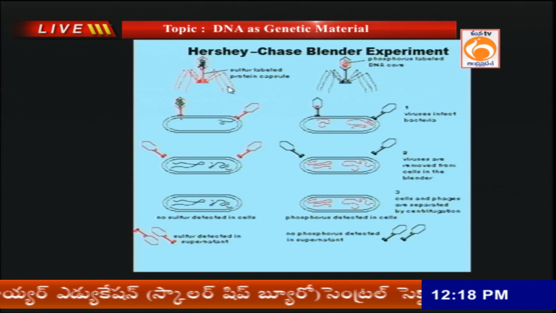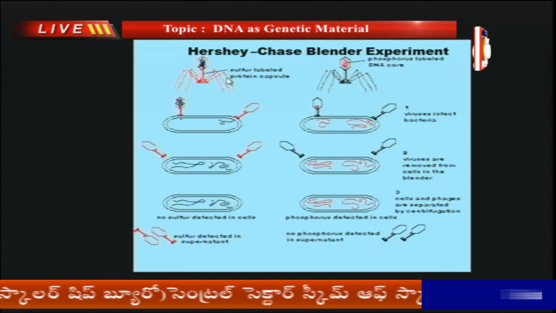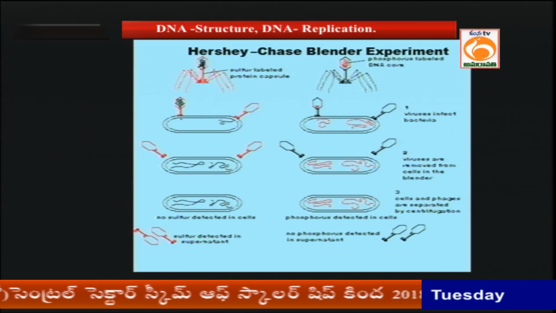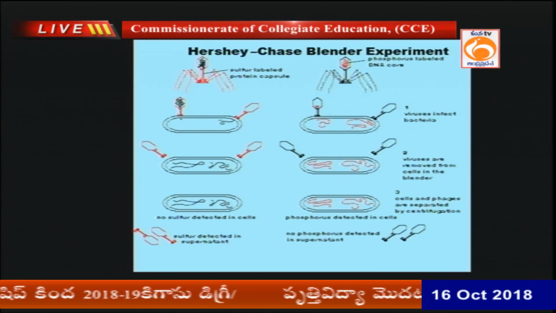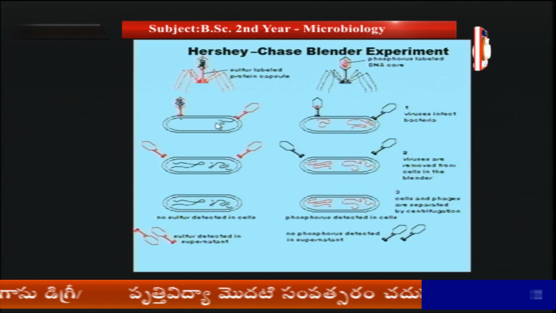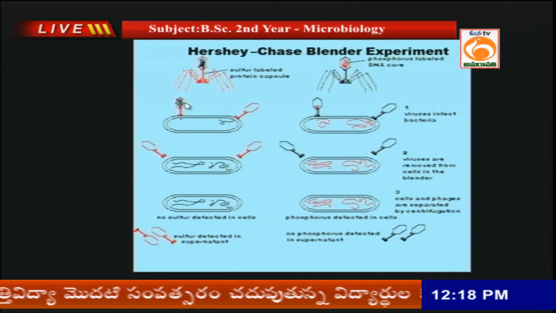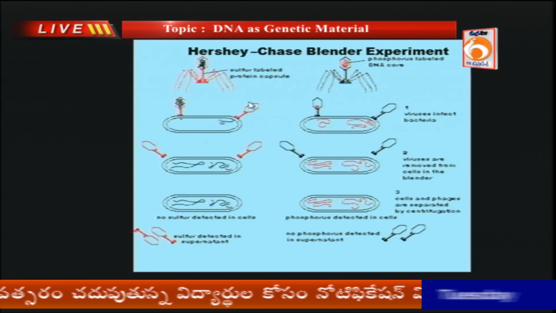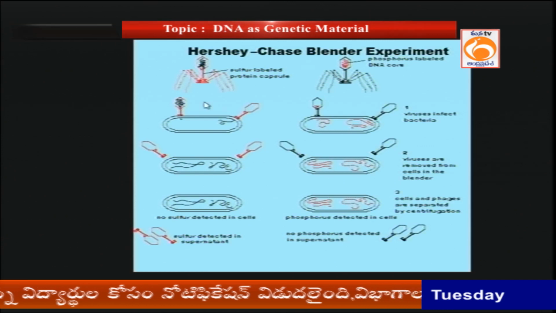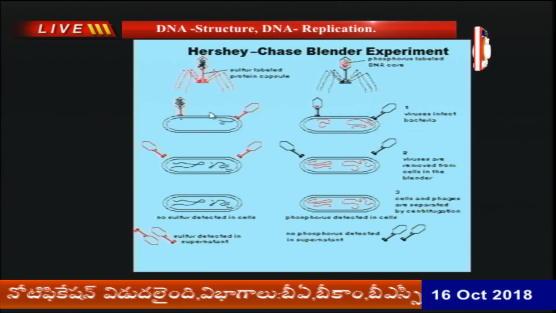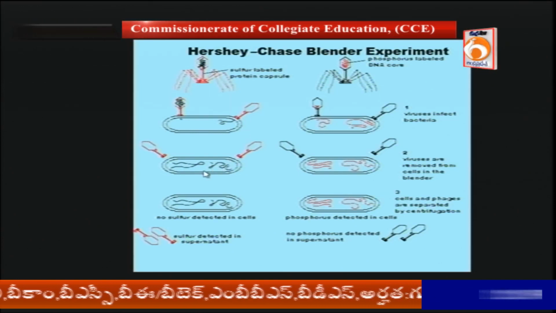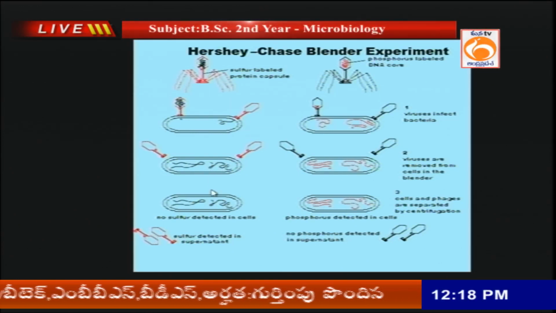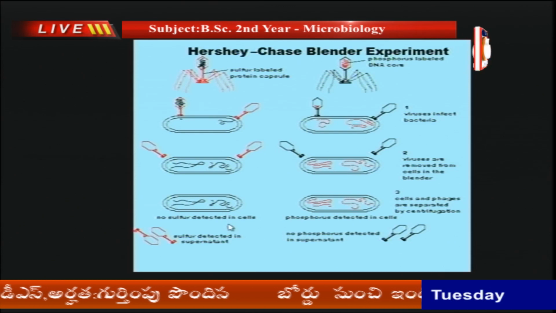When these sulfur 35 labeled viruses were used to infect E. coli bacterial cells, the protein coats were left outside the host cell. That means radioactivity was left outside the host bacterial cells. Then the non-labeled DNA undergoes replication and forms new viruses.